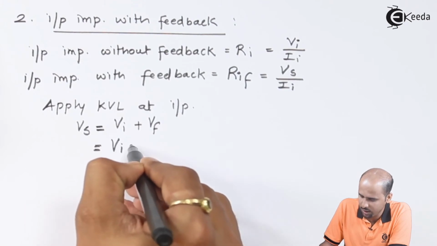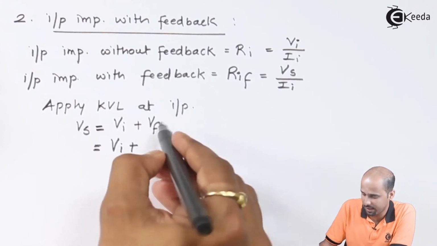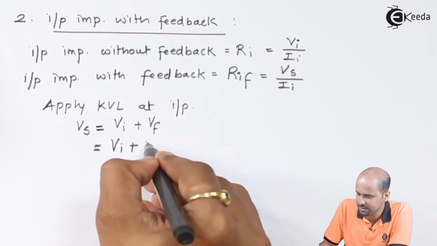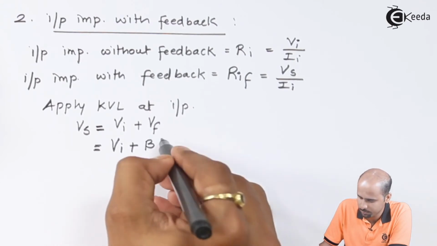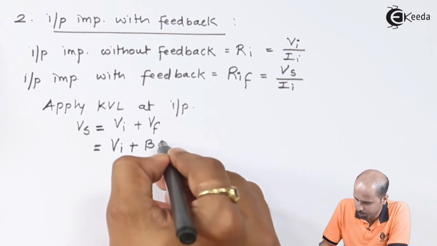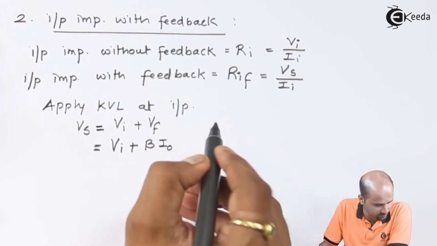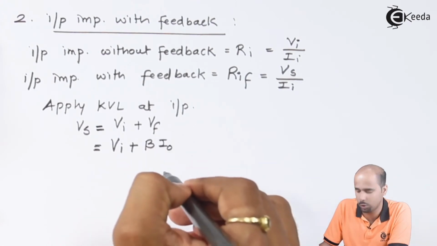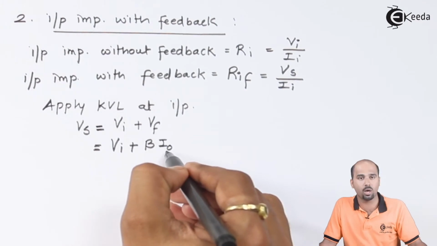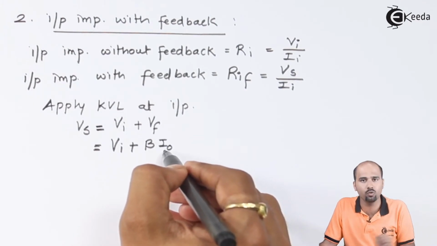What's the value of Vf? Vf is nothing but B into Io, right? So B into Io is nothing but the value of Vf. Okay, but what's the value of Io? Io is nothing but Gm into Vi.